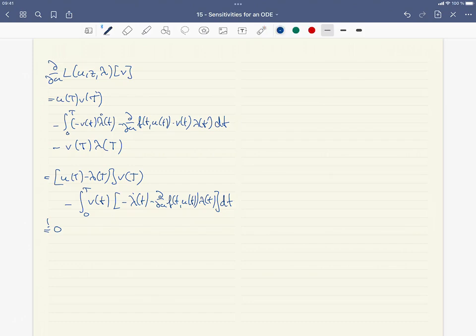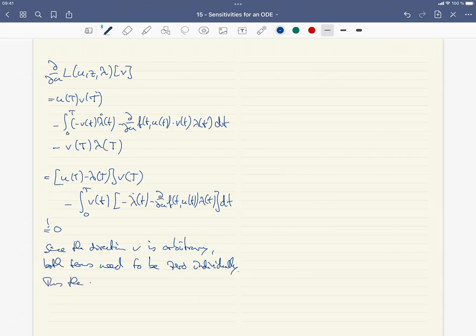So that means since v, the direction, is arbitrary, the conditions from the total derivative must be satisfied, so both terms need to be zero individually. And that means I can read off an ordinary differential equation.